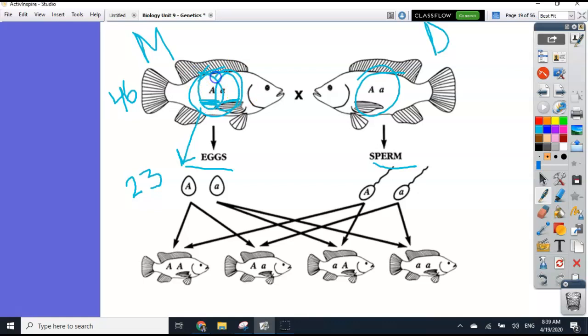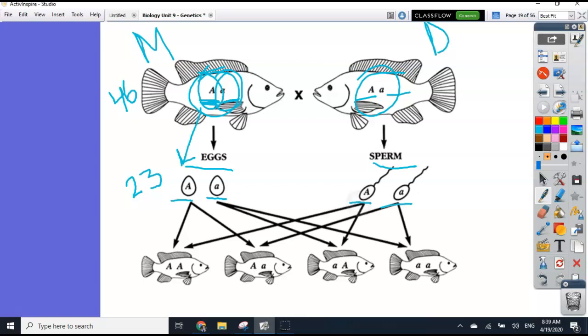Is it going to be the big A or is it going to be the little a? Well, it depends, right? Some of the eggs are going to have a big A. Some of the eggs are going to have a little a. Same thing with the dad. How many of his sperm are going to have a big A? Some of them, half of them. How many are going to have a little a? Half.